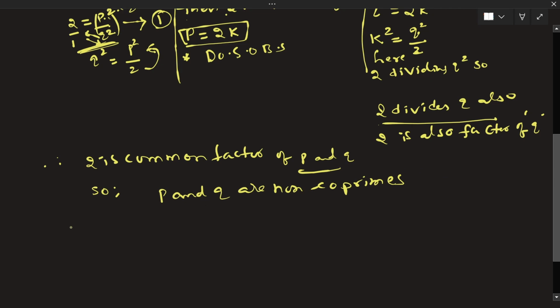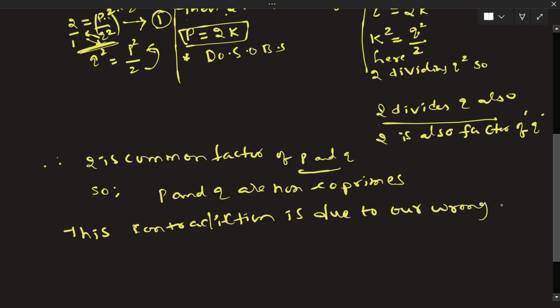So this contradiction, why is it happening? Contradiction is due to our wrong assumption. Okay, so finally we got to know that the assumption is wrong.